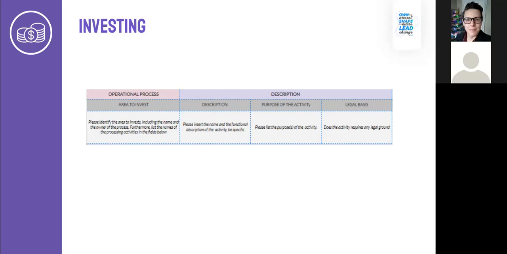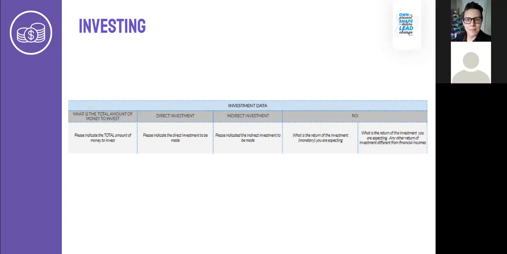The purpose of the activity may be recruiting more members, and whether or not it has a legal basis, because that may affect the way that you consider making the investment or not.